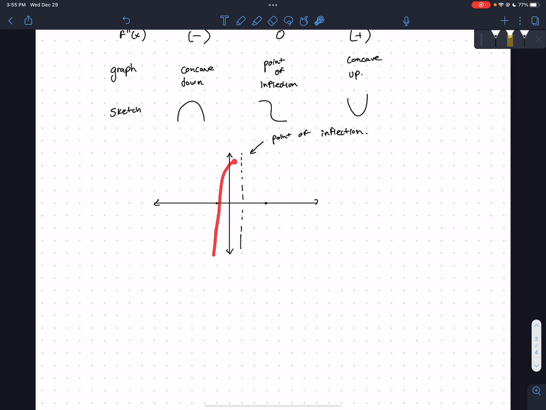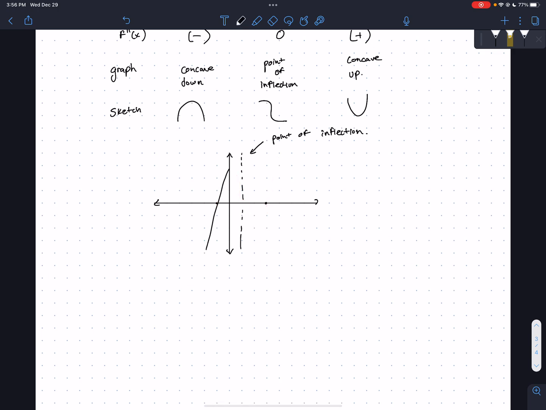We know that we have a point of inflection here, and then we know that we can go down. Sorry, the point of inflection should be like that, and then we know that it's going down, like that, and then we know it's going up again. Okay, so that's kind of how our function would look.